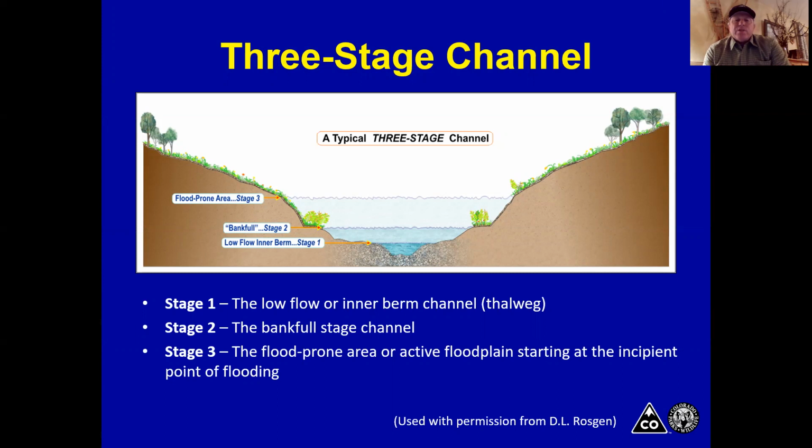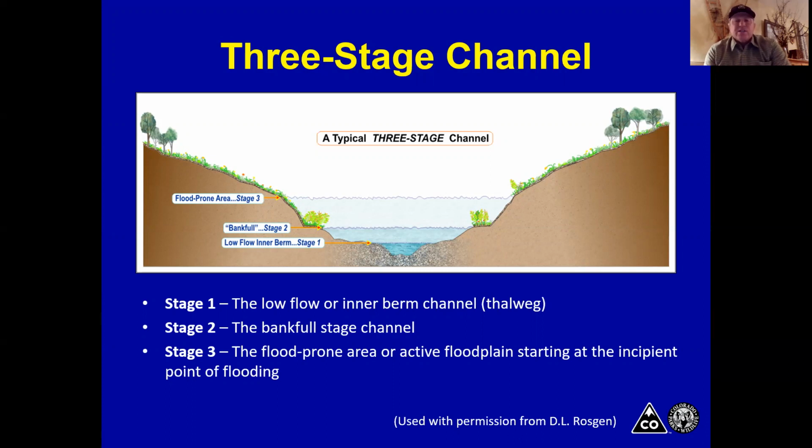Then you have the bankfull stage channel. That's the flood flow that occurs every 2 out of 3 years on average for a stream, and essentially the dimension of that cross section is everything from the floodplain elevation and lower.